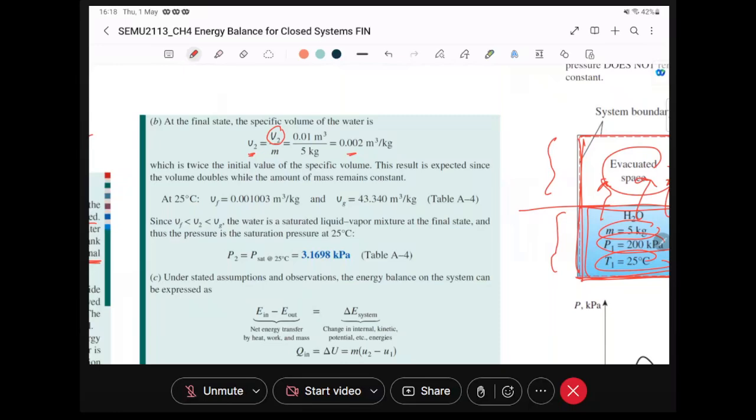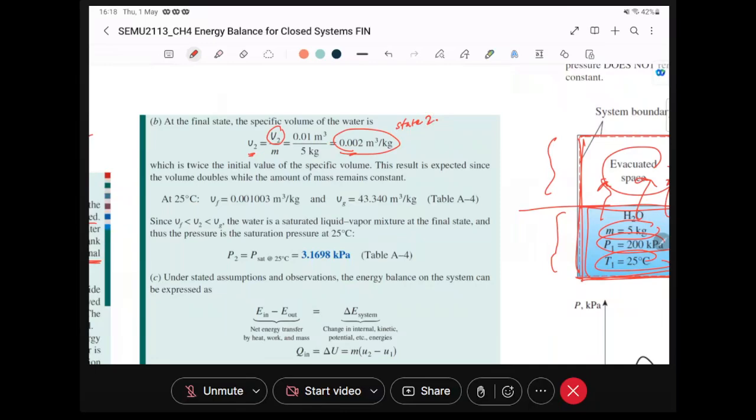So first we have to determine the state of the substance. We know one property at state 2, so that should allow us to determine the quality of the substance.